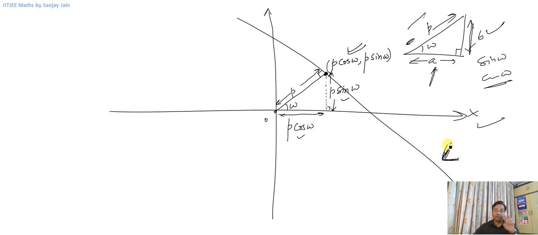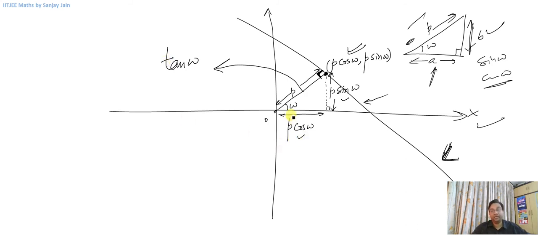So one of the information I've got, I need two information to find the equation of this line. One of the information I've got is a point that lies on this line. Now this line is perpendicular to this line, right? This obviously is the normal, so it is perpendicular to line L. Now slope of this normal is tan omega, right?